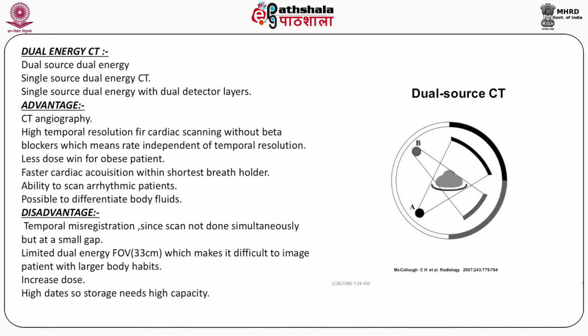Now the last section is the dual energy CT. In fact, this dual energy CT is the current type of CT scanner. The dual energy CT has dual source dual energy, single source dual energy, and single source dual energy with dual detector layers. See, the advantages of these types of CT scanner are, you can do CT angiography.